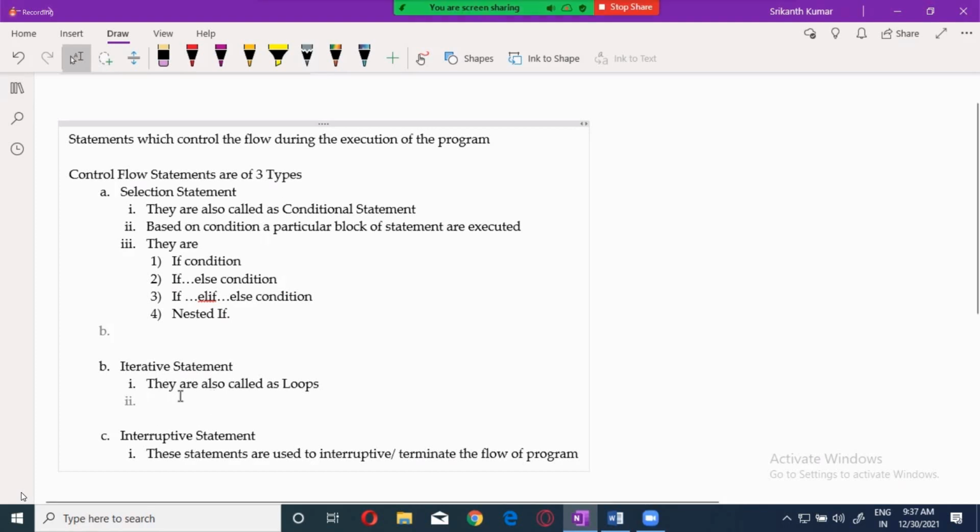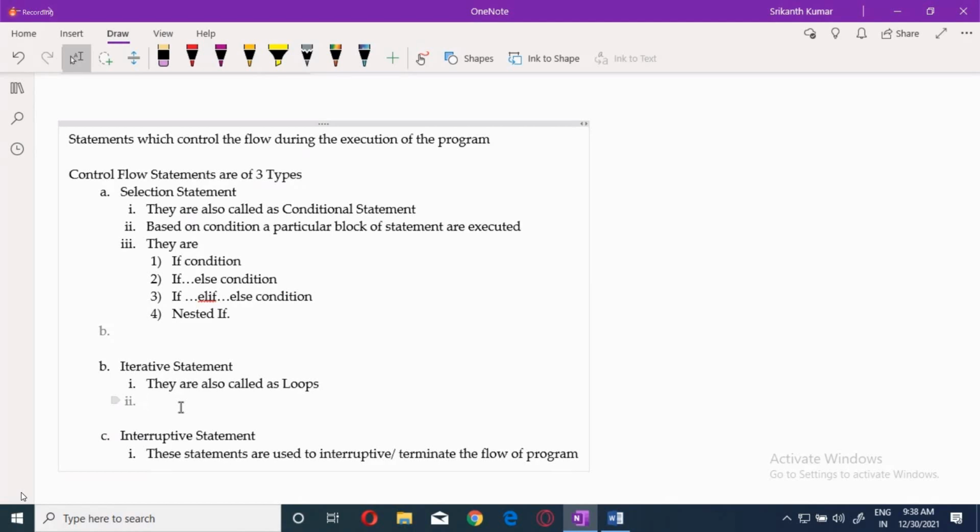Now, let's take it. What is an iterative statement? When a block of statements are executed n number of times, until and unless a condition is satisfied, that is called as iterative statements.